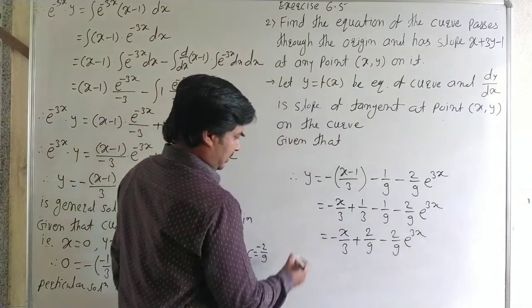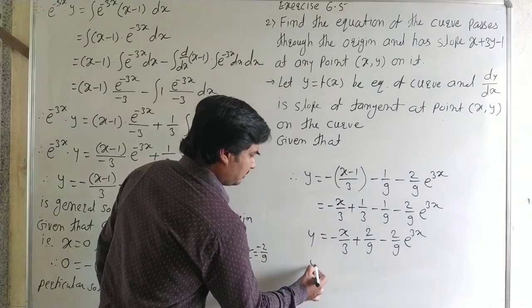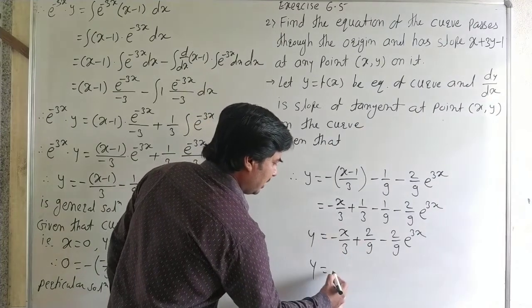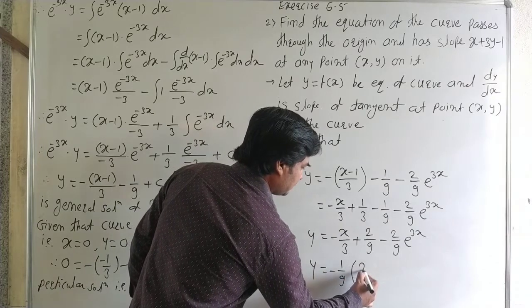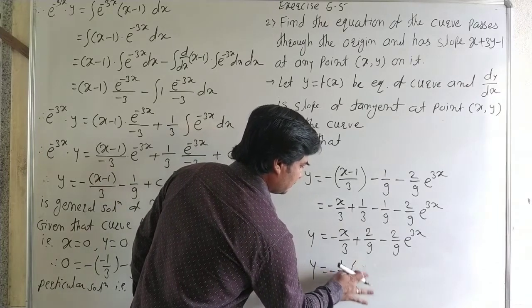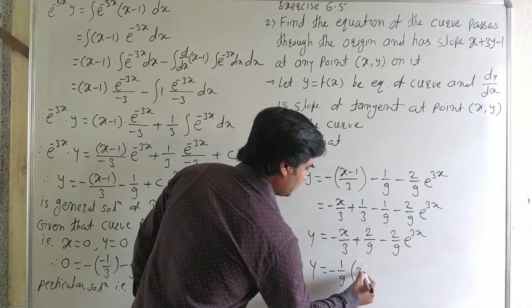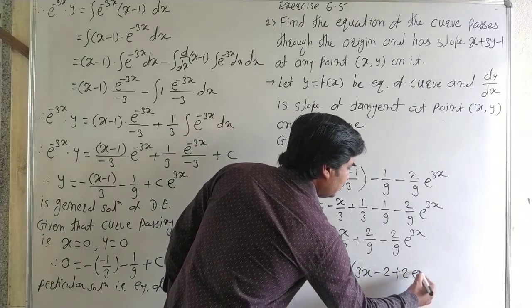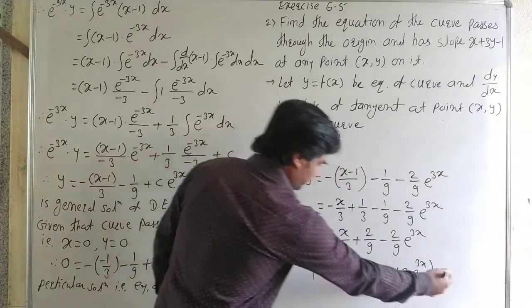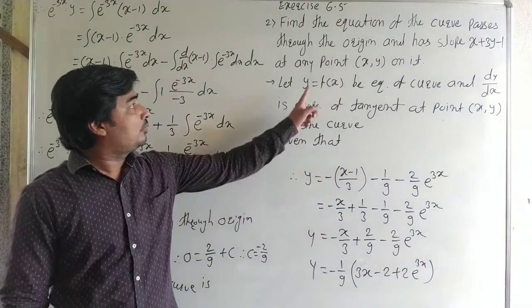And now it is our solution, but here again we take minus 1 by 9 common. When we take the minus 1 by 9 common, it is 3x minus 2 plus 2 into e raised to 3x. Here it is the required equation of curve.